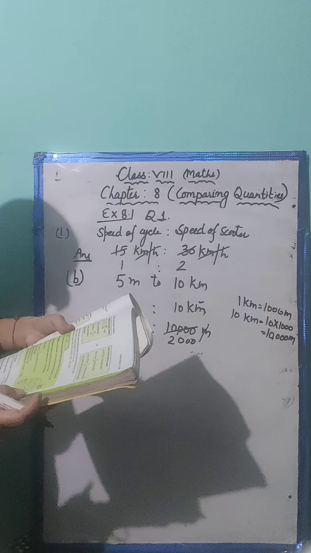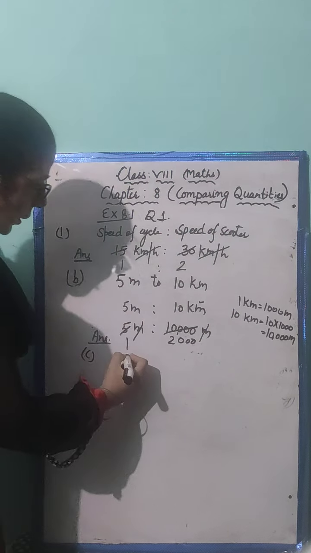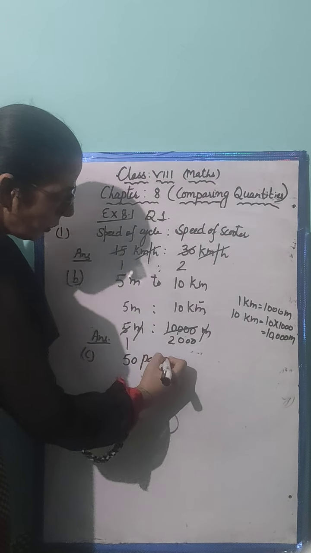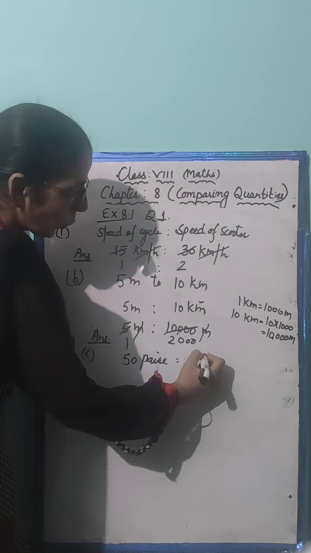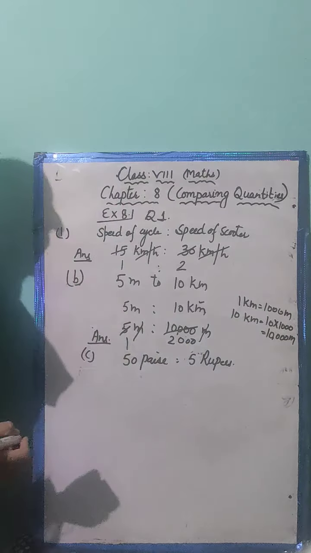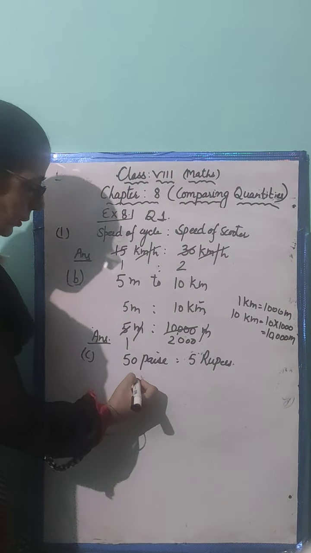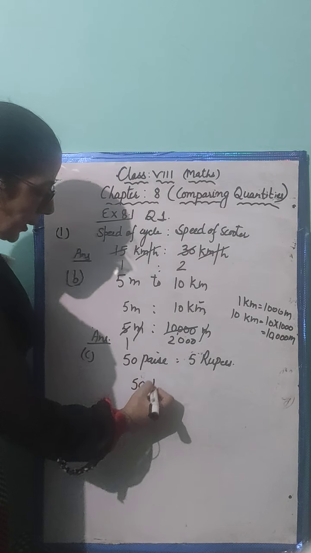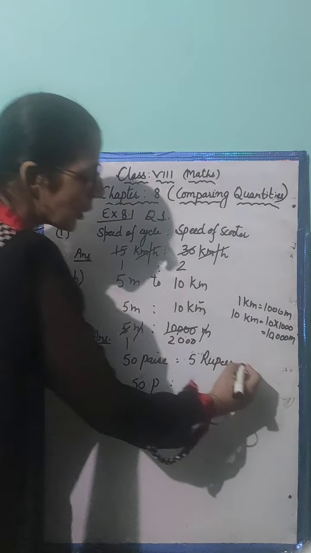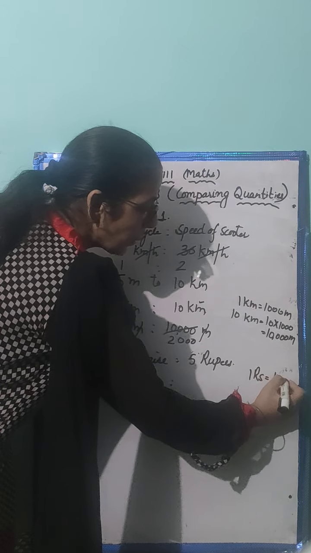So C part here is 50 paisa to 5 rupees. So we have to change it into ratio again. So what should I do here? 50 P, P is the symbol, 5 rupees. 1 rupee is equal to how many paise? 100 paisa.